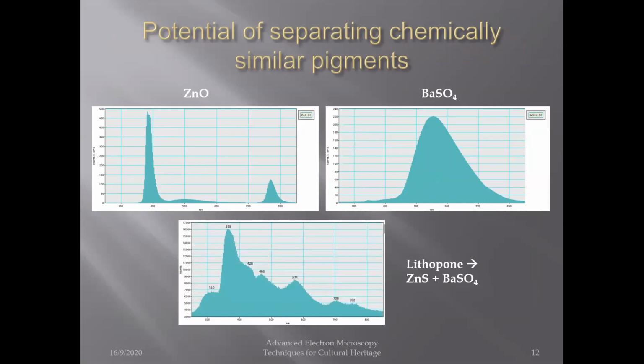For example, we can see very clearly the differences between the spectra of lithophone pigment and zinc oxide and barium sulfate, all of which contain basically the same ingredients.